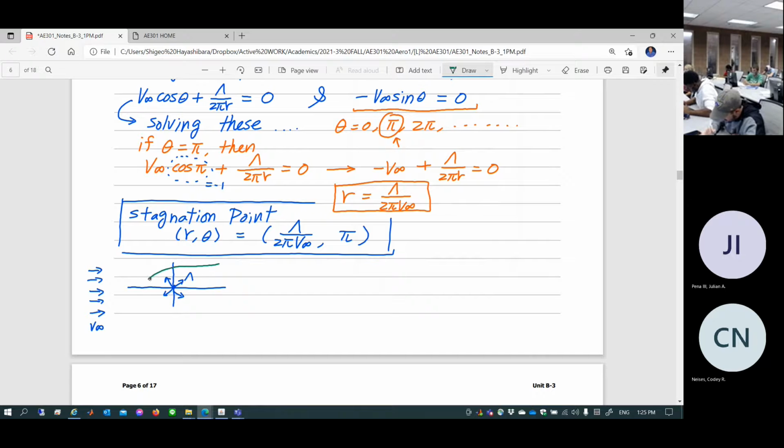It just looks like this, creating this kind of body extending to infinity, and then you can draw any number of streamlines, just like that.